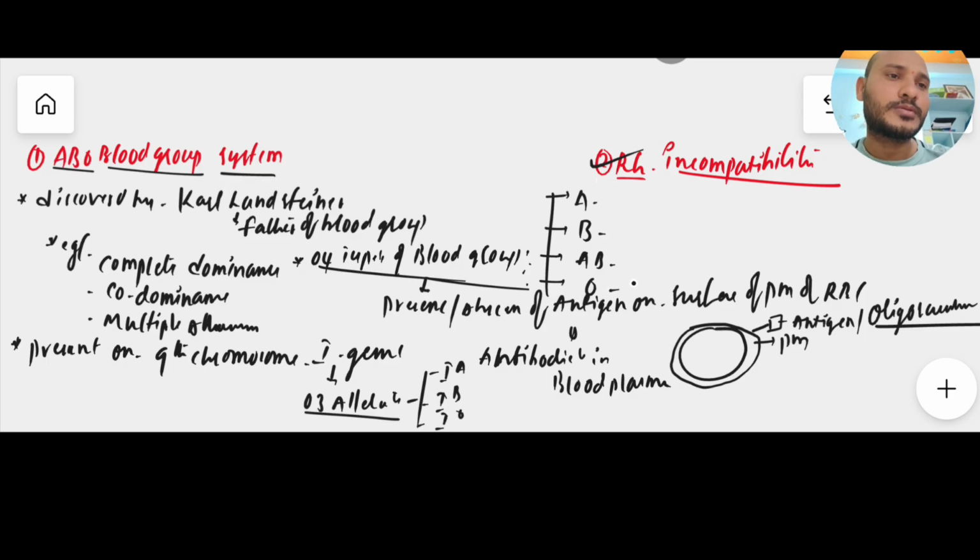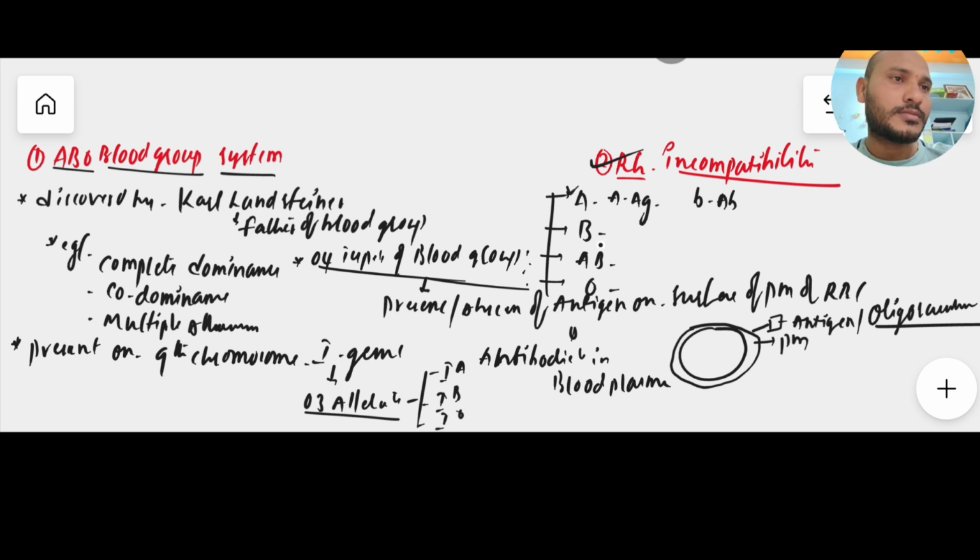In A blood group, A antigen is present in the plasma membrane and B antibody is present in blood plasma. Such a blood group is called A blood group.